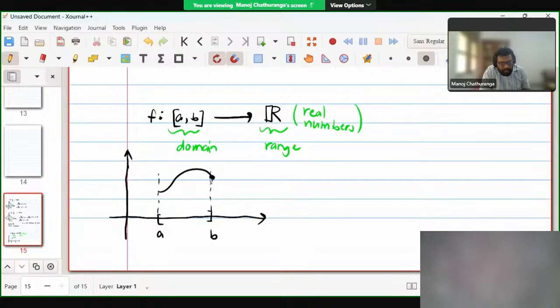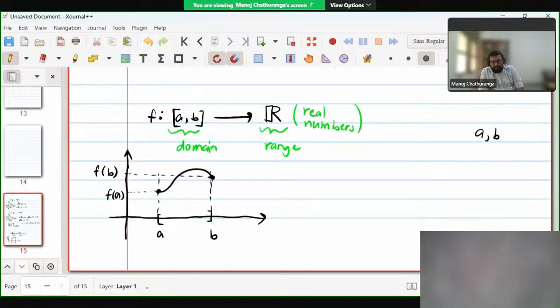This is what happened at P. And at this height is f of A. Look at the endpoints. Both A and B are in the domain too, since we are talking about the closed interval, and closed means it includes endpoints.